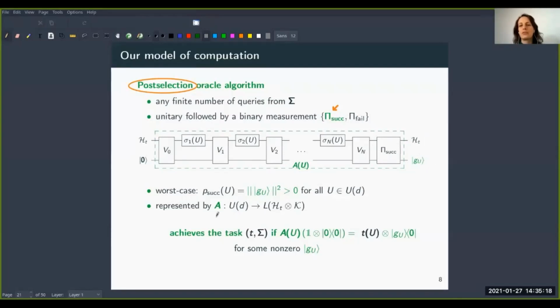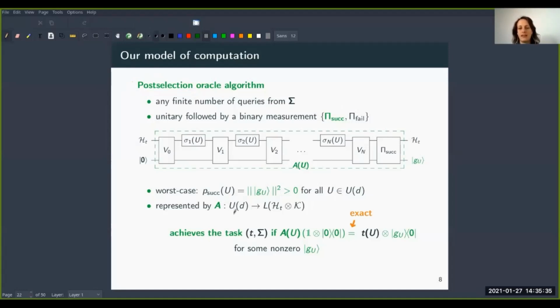And again, we will use another operator function to represent each such algorithm. It's a function from unitaries, from oracles, to linear operators on the large Hilbert space.